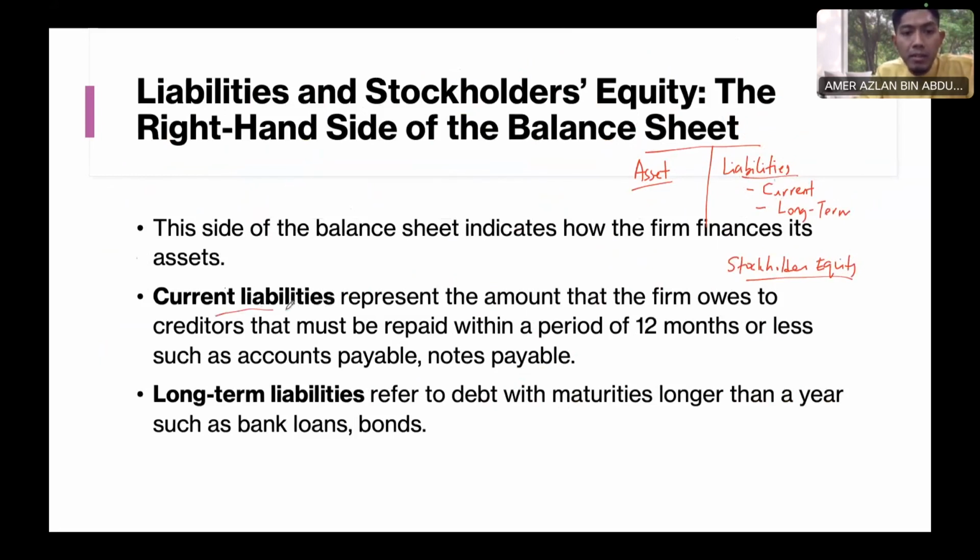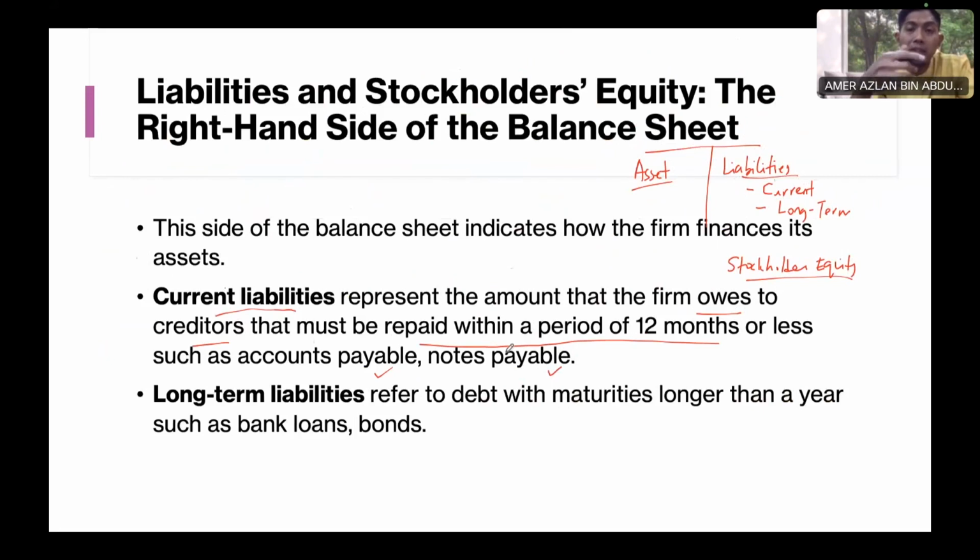The first one, current liability, represents the amount that the firm owes to the creditors that must be repaid within the period of 12 months or less. For example, accounts payable, notes payable. Let's say if I borrow your money, 10,000 ringgit, that means I owe you money, right?